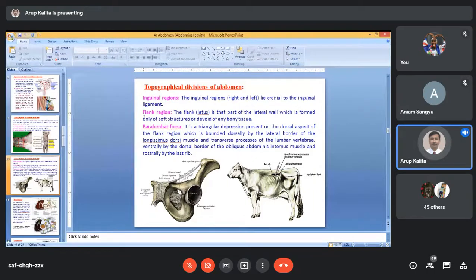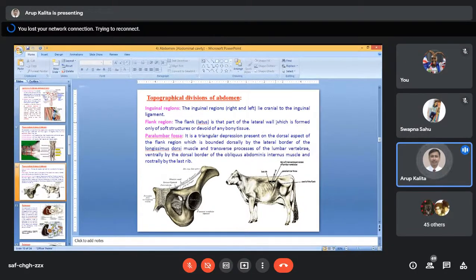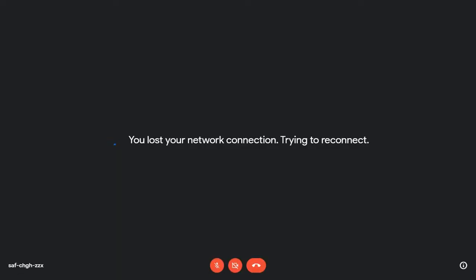Now next, the flank region. Flank, I already told you, is that part of the lateral wall. Are you listening or not? Yes, sir. So you correct it. Here there is a correction. The flank is that part of the lateral wall of the abdomen.